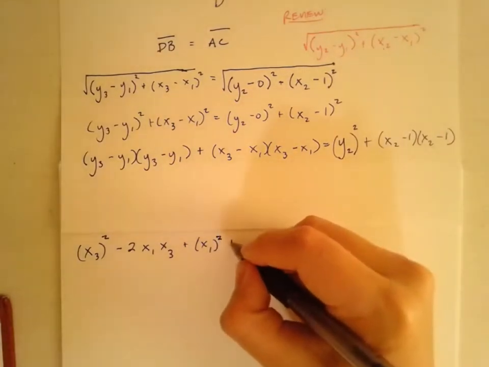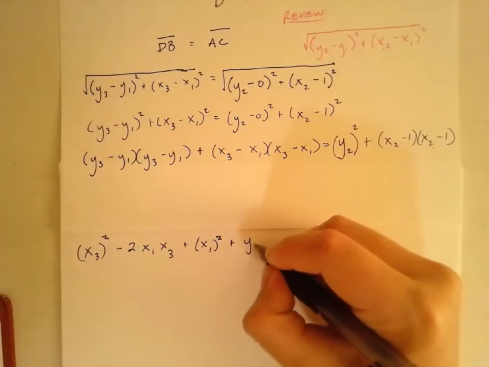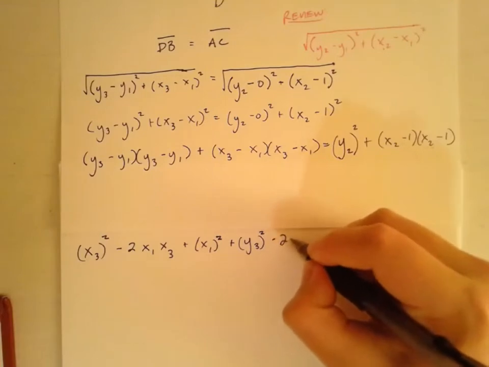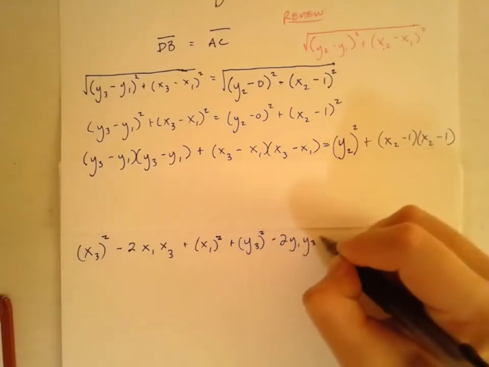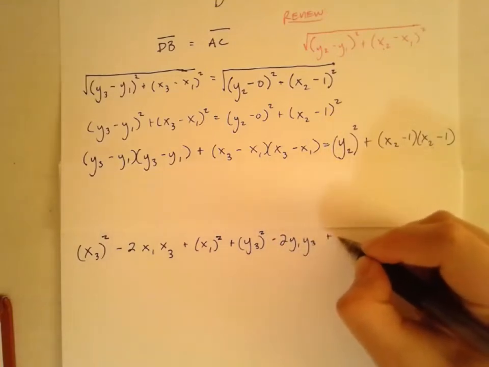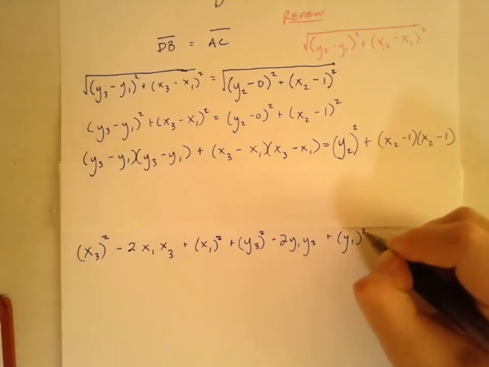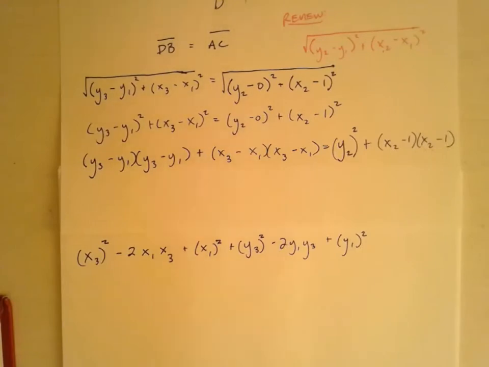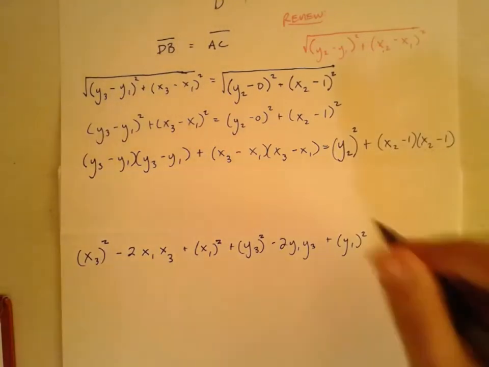And then I'm going to get plus y sub 3 squared minus 2 y sub 1 y sub 3 plus y sub 1 squared. That is the left side of my equation.